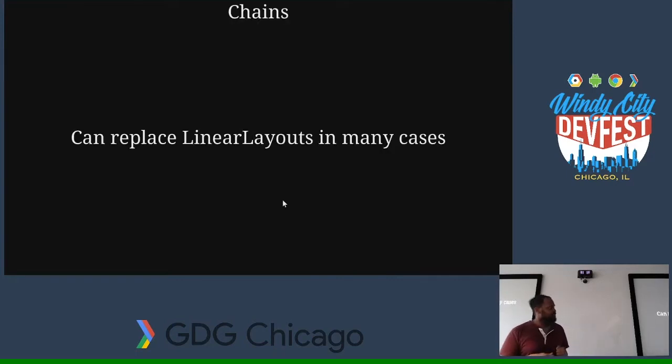All right, so chains are a way to replace linear layouts for the most part, because linear layouts, as we saw before, are a view group that introduces a lot of double and multiple measure and layout calls.